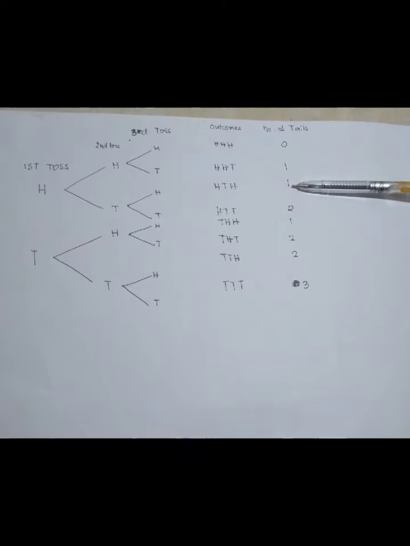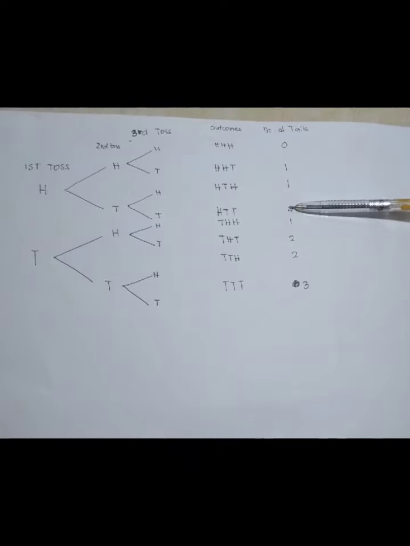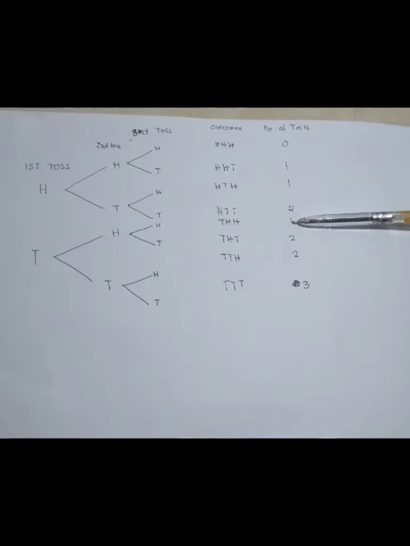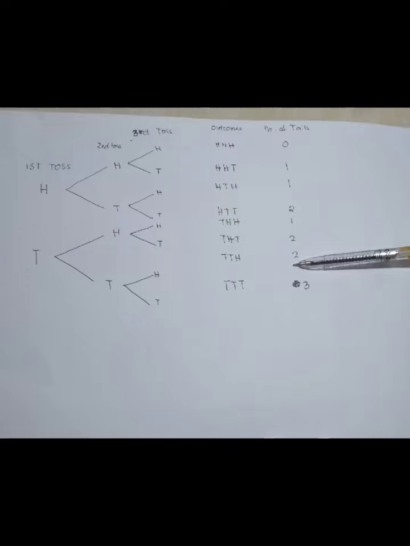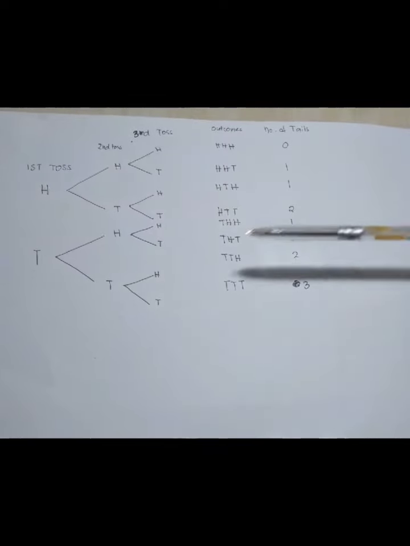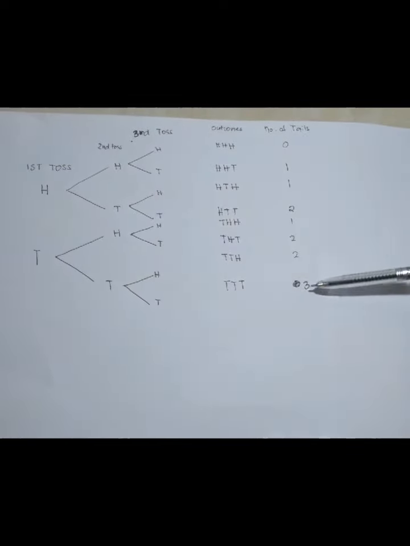Then in the fourth one, there are two tails, and in the fifth outcome, there is one tail, and in the sixth outcome, there are two, and also in the seventh outcome, there were also two tails, and in the eighth outcome, there are three tails. Now, what are the values of our x? x represents the number of tails. So the values of our x are 0, 1, 2, and 3.